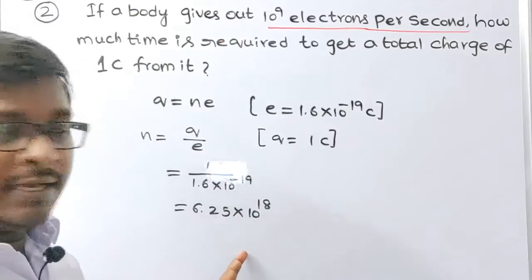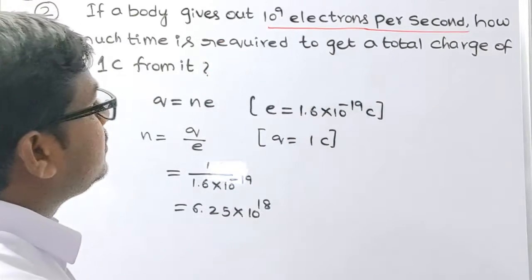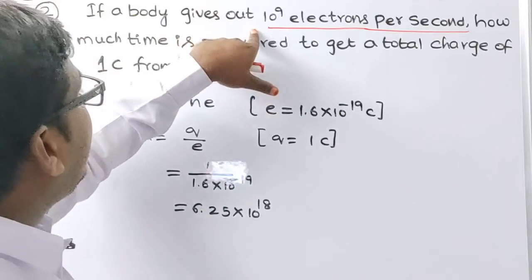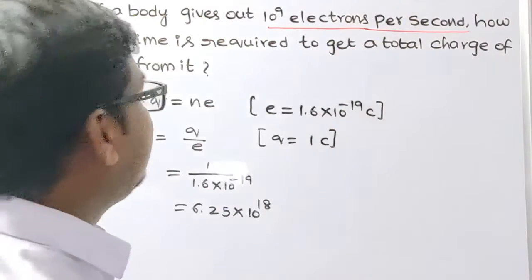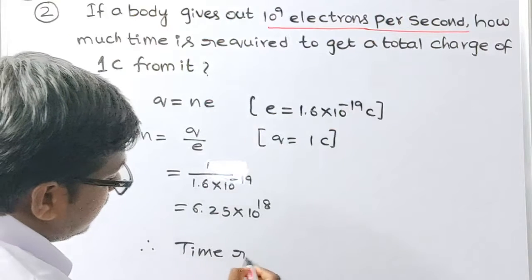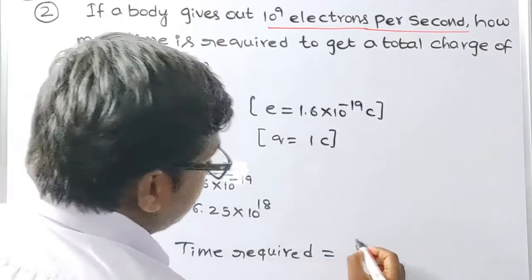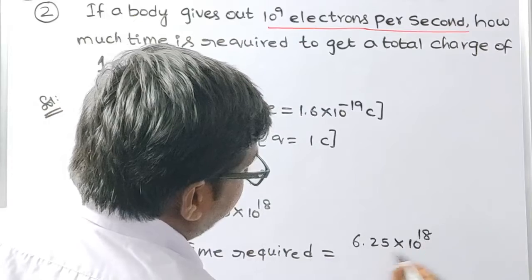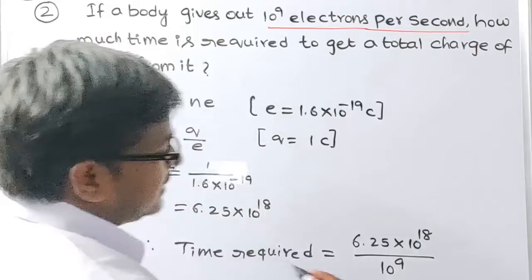The body gives out 10 power 9 electrons per second. Therefore, time required is 6.25 into 10 power 18 by 10 power 9 seconds.